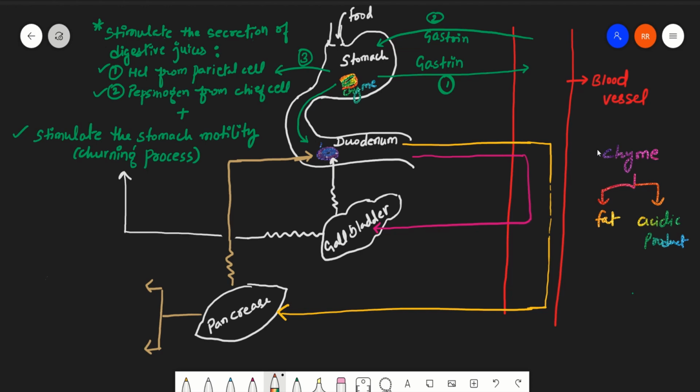Okay, and then when this chyme reaches the duodenum, it will stimulate the duodenum to release two types of hormone. The first one is your secretin.